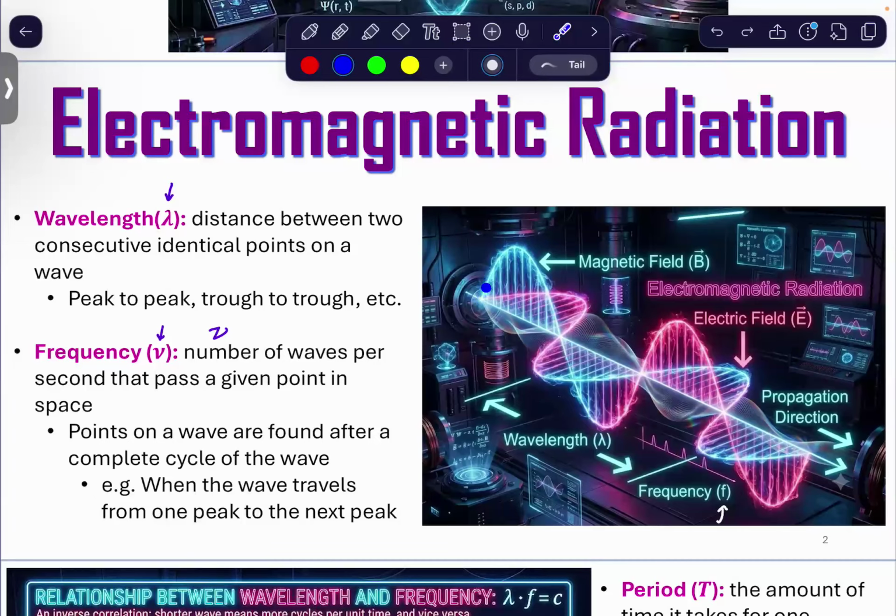So if I start here, an entire wave, you'd go up through the peak, down, cross the zero line again, down through the trough, back up, and then in here. This whole cycle, that is one wave. And so then you ask how many of these complete cycles pass a single point in a given time. That's your frequency.